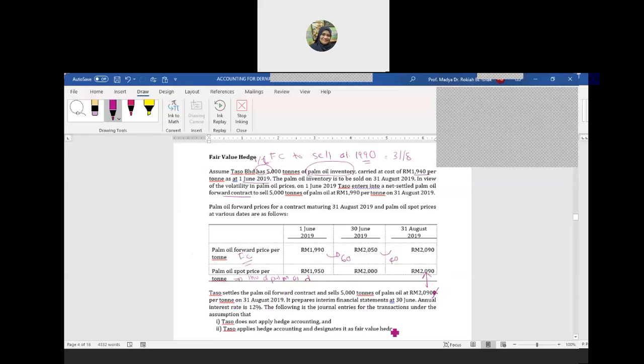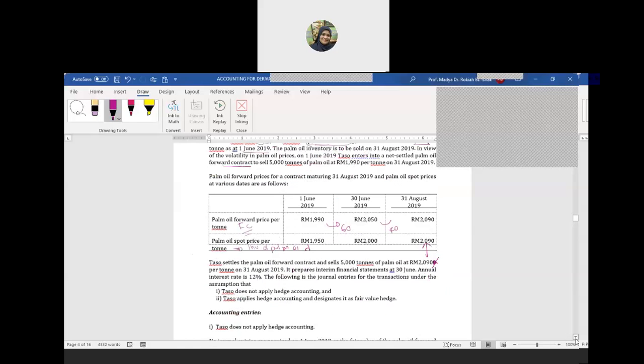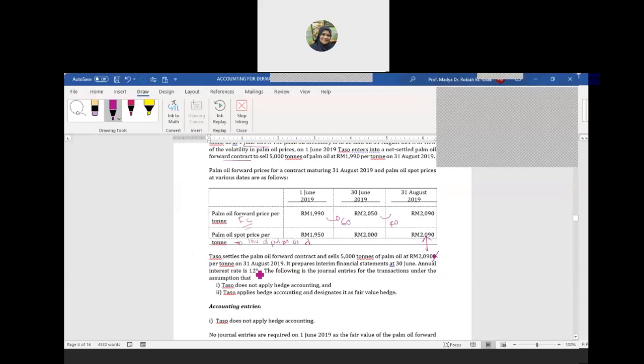It prepared the interim financial statement on 30th of June. Okay, the annual interest rate here is 12%. The purpose of the interest rate given here is that for the forward contract we need to calculate the present value. If you look at here, the interest given is 12% per year.